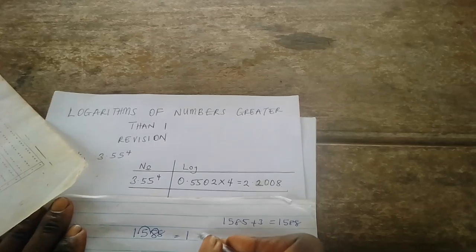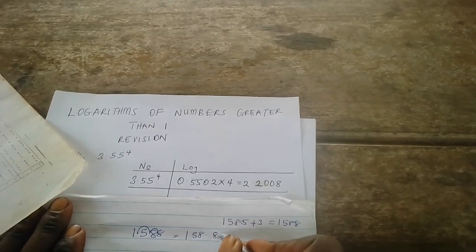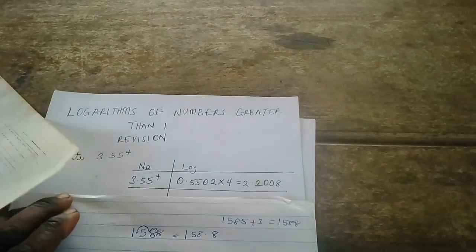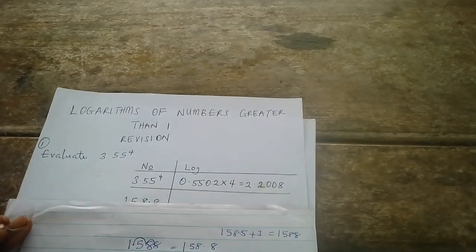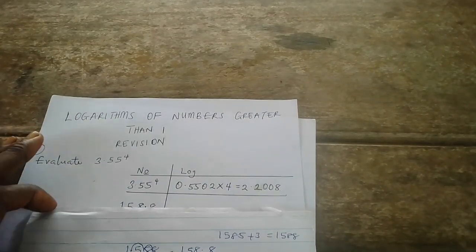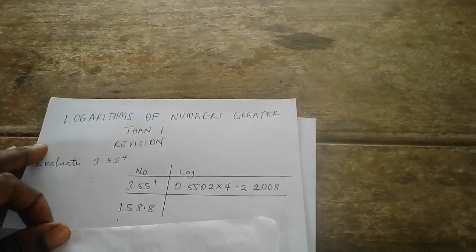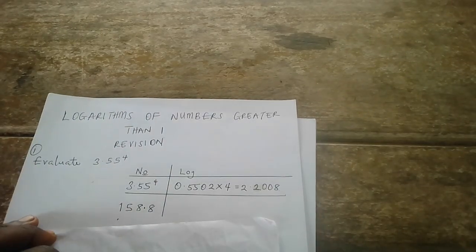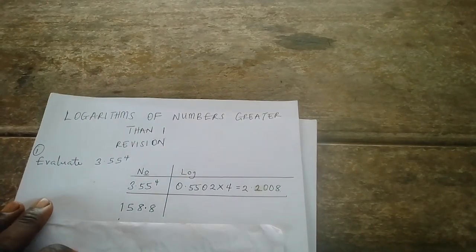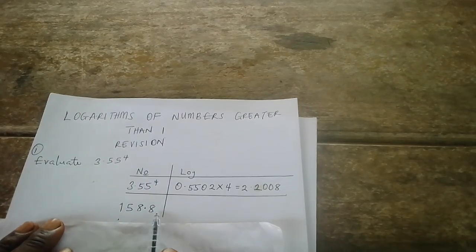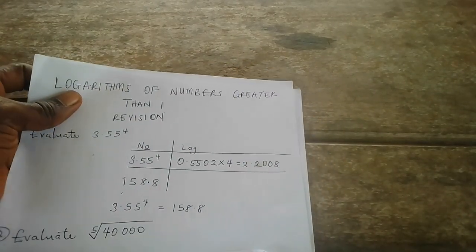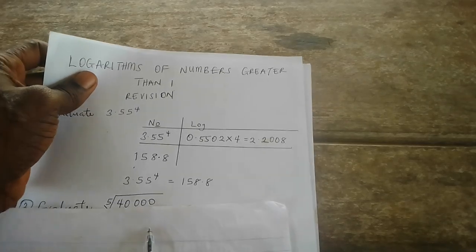So your answer will be 158.8. I hope you understand my explanation. This is a revision class, so if it's something you have been doing before, you should be able to understand what I've just done. So by the time you look for the antilog, the answer will be 158.8.